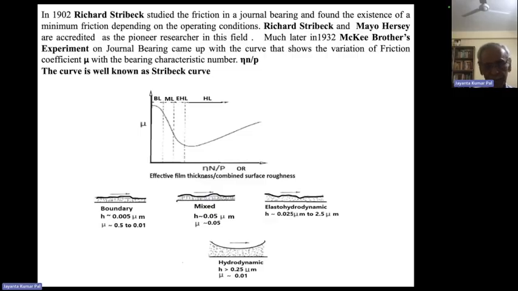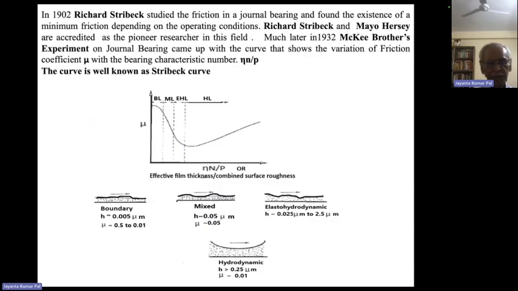But there is one thing I want you to remember here: although we say that in the hydrodynamic zone friction is low and surfaces are not supposed to touch each other, the friction slowly rises with the increase in the bearing characteristics number.